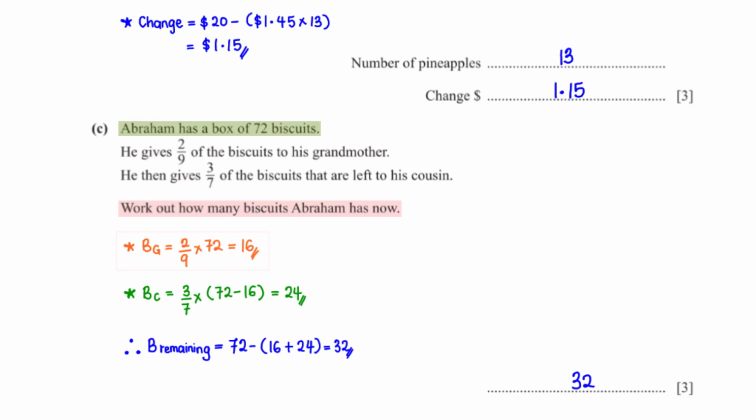The remaining biscuits will now be 72 minus 16, and so the number of biscuits he gives to his cousin is 3/7 of 72 minus 16, which is equal to 24. To get the number of biscuits he now has, we subtract the sum of 16 and 24 from 72, which is equal to 32.